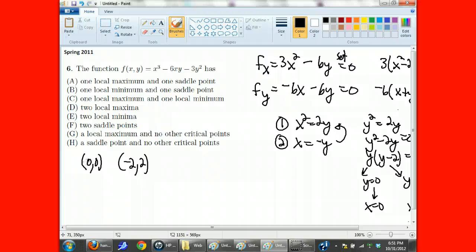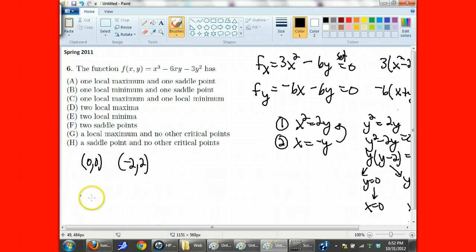Okay, what do we do with these guys? We need to create a second derivative test, the analogue of it, now in multivariable. It's called the capital D function, which takes into account all different forms of second derivative.